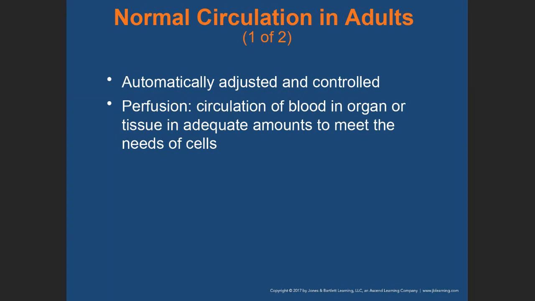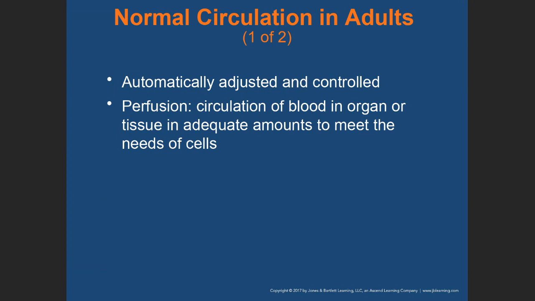So normal circulation in adults, automatically adjusted and controlled. The goal is perfusion. That is the main goal, perfusion. Now, when we talk about perfusion, perfusion is the exchange of oxygen and nutrients and the removal of carbon dioxide and waste from the cells within the body, right?